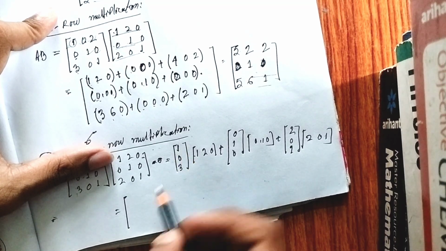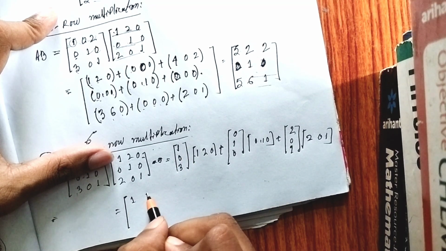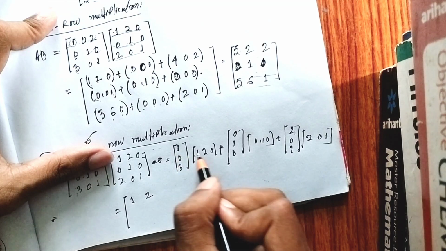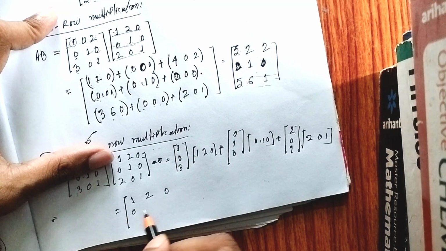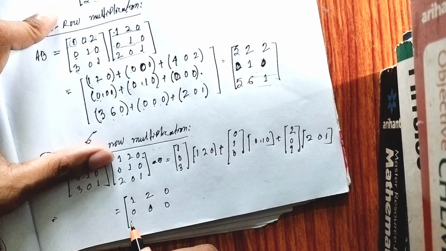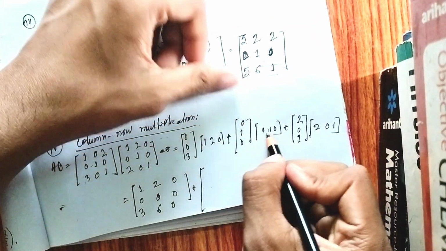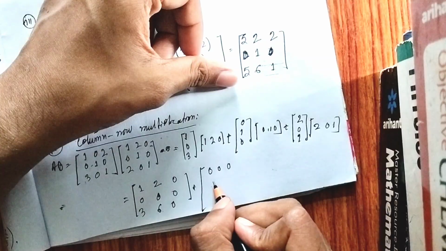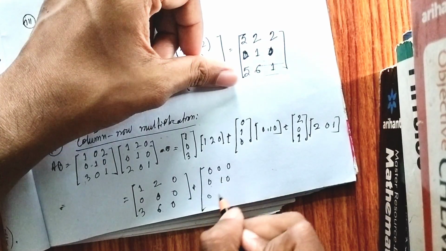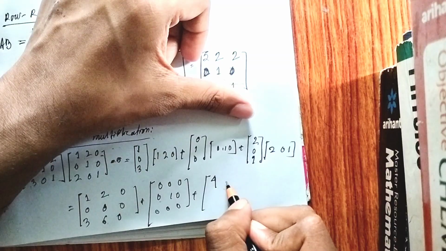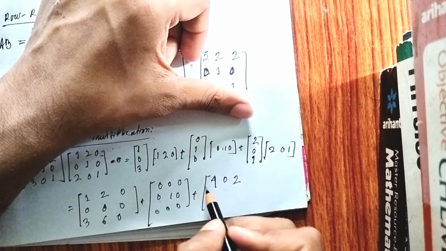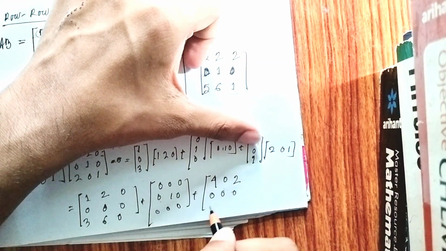Okay, 1 with this, 2, 0 0, and 3 with this, 6 0. Now again 0 with this 0 0 0, 1 with this 0 1 0, and ultimately this is 4 0 2, and 0 0 0, 2 0 1.